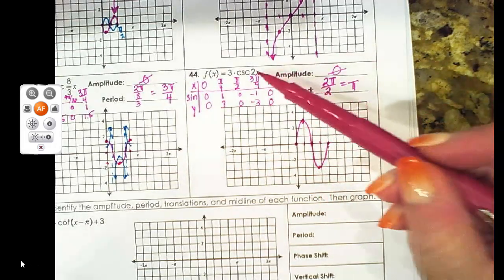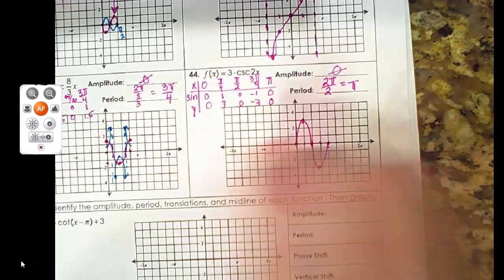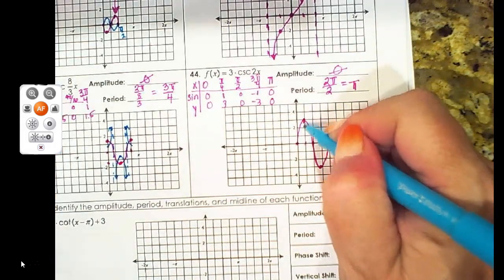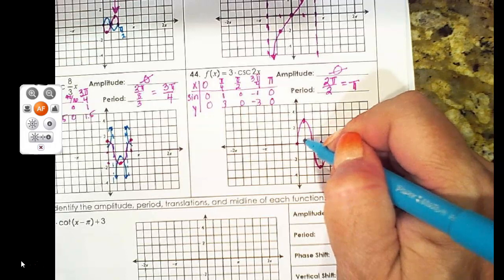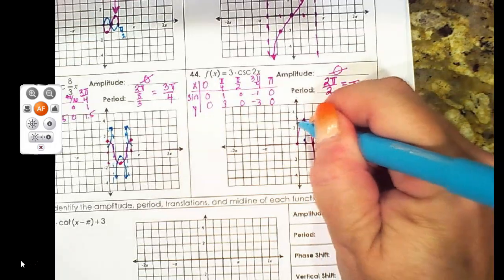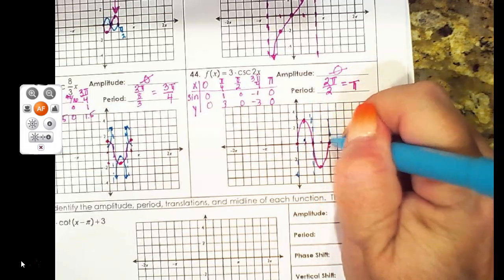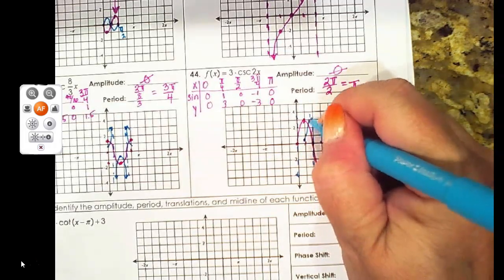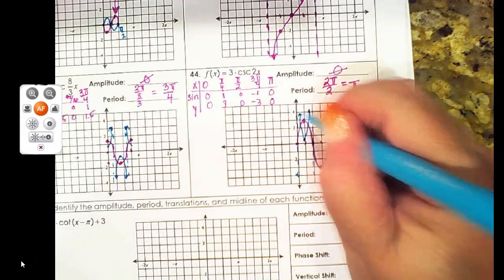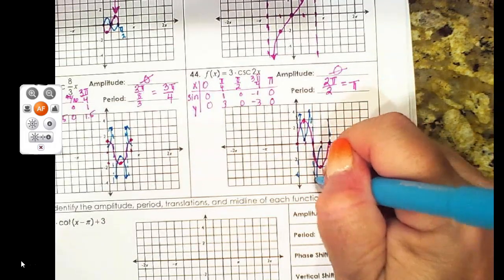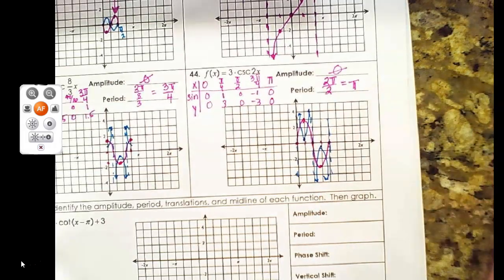And then my cosecant curve is going to be, so the reciprocal of 3 is 1/3. Oh, I better make some asymptotes. So at the zeros is my asymptotes. So then here's my cosecant. Here's 3, here's 1/3. So there's my cosecant.